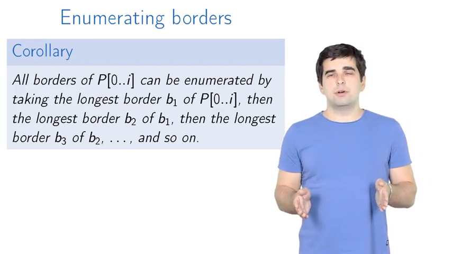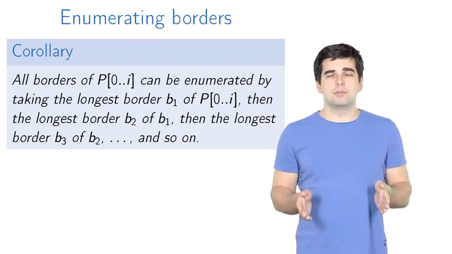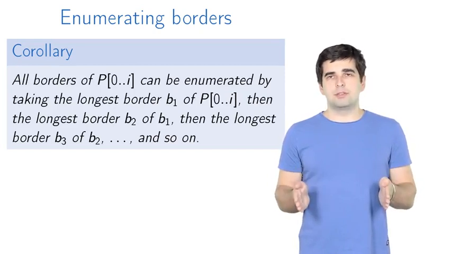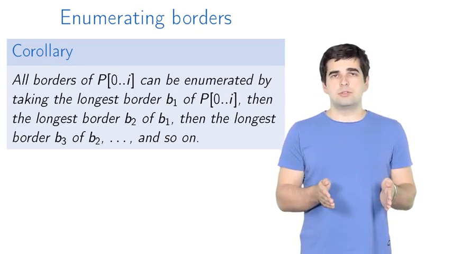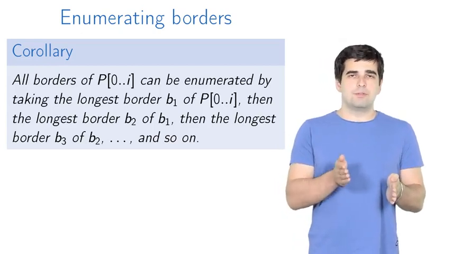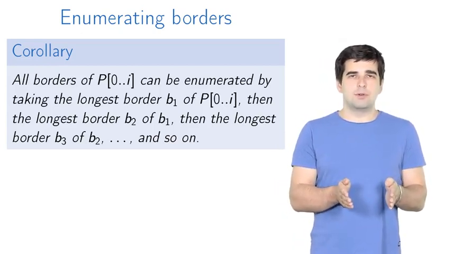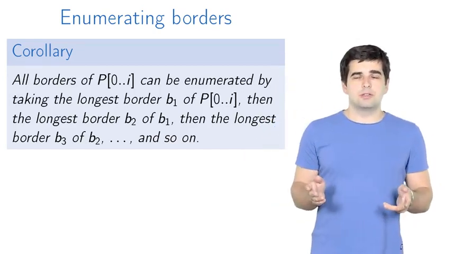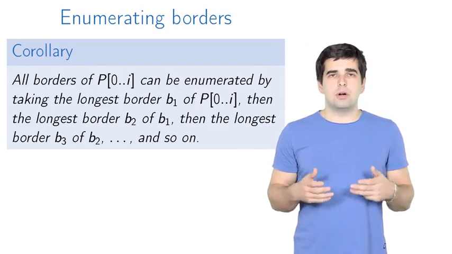And so V is a border of U because it's both a prefix and a suffix. And it is also a border which is longer than W, but W was the longest border of U, so we get a contradiction with the assumption that our pattern P occurs somewhere between the current position K and the start of the right W in the text.